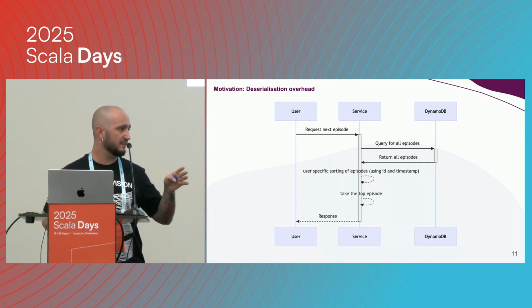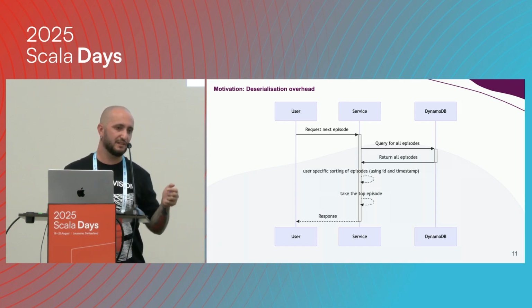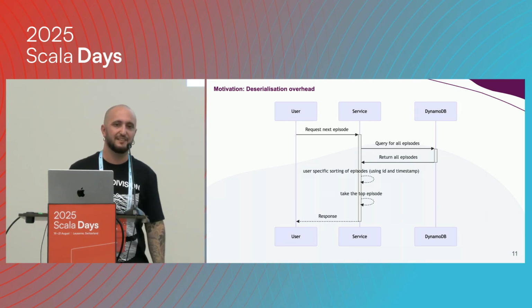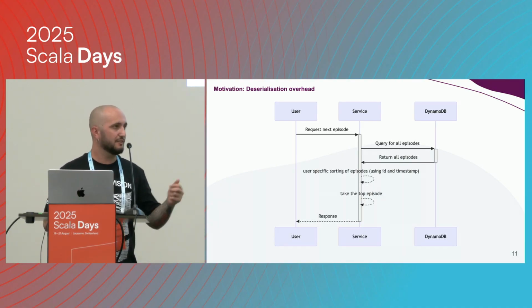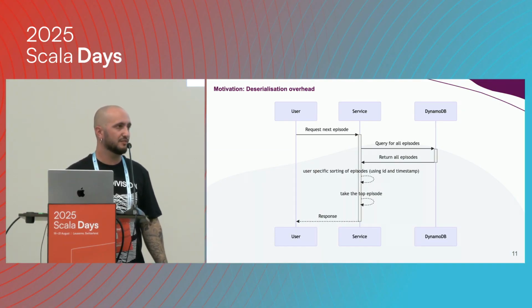For example, he is up to date with the episodes, and there is a new one, but in the meantime, he was watching some other episodes that he doesn't remember now how it went. So the new episode comes, and what is the next episode in this case?